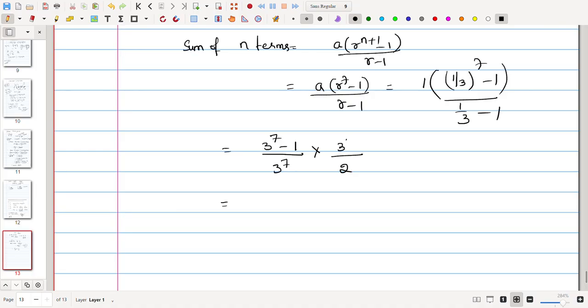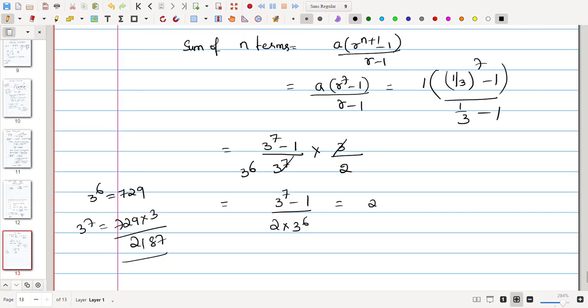So we can cancel the powers of 3. 3⁶ is 729, and 3⁷ is 729 into 3, which is 2187. So we get 2187 minus 1 by 2 into 729, so this is nothing but 2186 by 2 into 729.